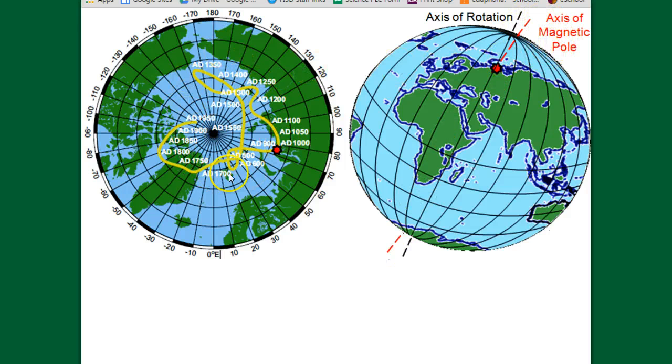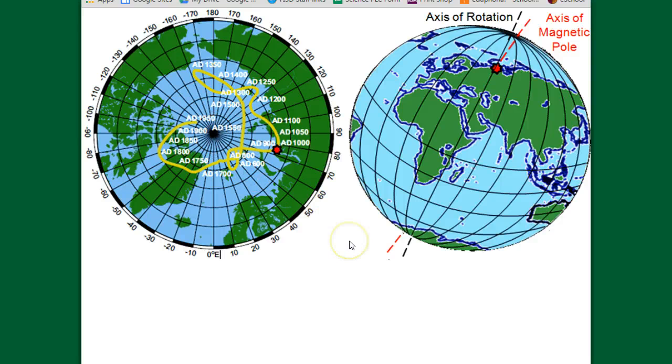You can see in the picture on the left that the magnetic poles have wandered through the years to the point that if you use your compass and you begin walking north in a certain place, for instance, if this is where the pole is now, you'll reach this point, and then when you pass it, your compass will tell you that north is actually back the other way, when in fact north is still in front of you because you have not reached the geographic north pole.